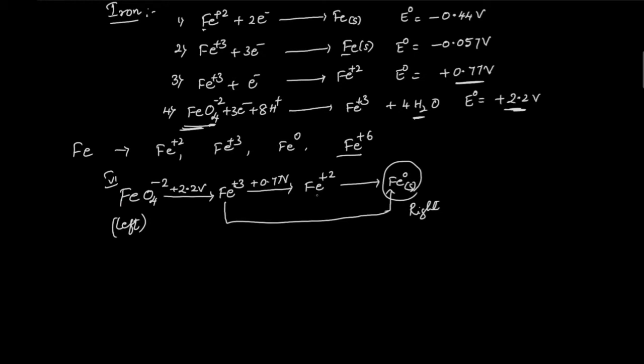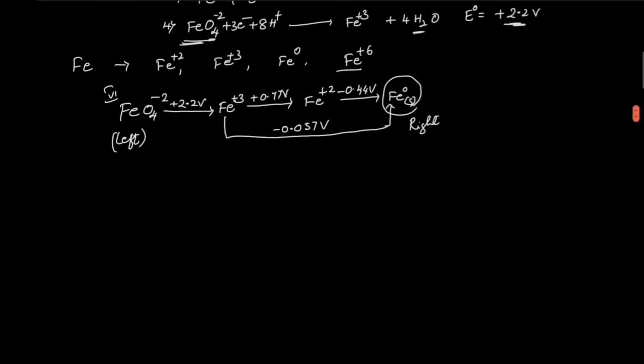The next half reaction is Fe plus 2 to 0. For this, minus 0.44 volt. And the next reaction, which is non-adjacent species, Fe plus 3 to 0. For that, we have a standard reduction potential value minus 0.057 volt. This is the Latimer diagram for iron.